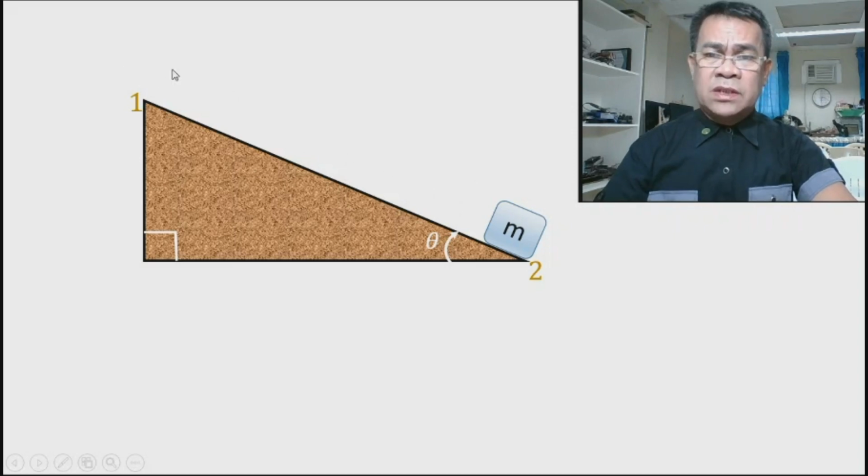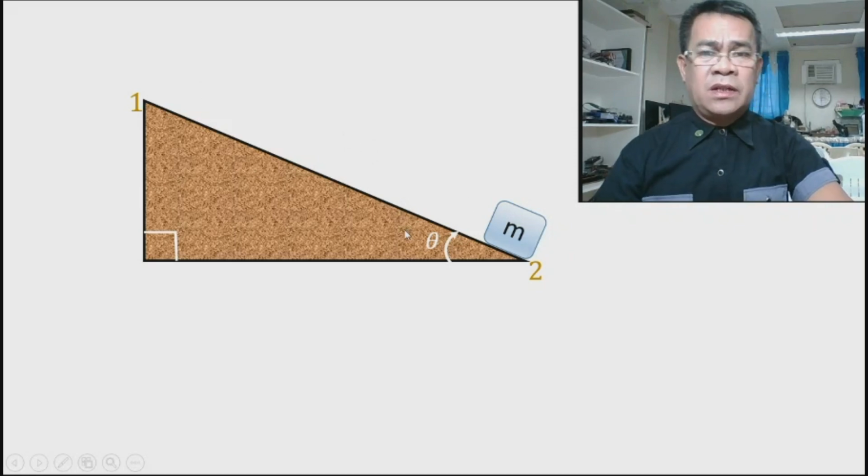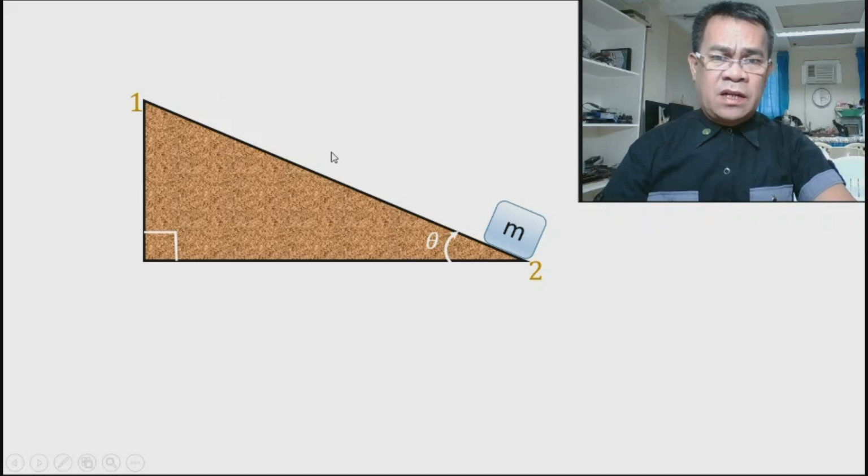traveled with displacement. So therefore, there must be energy on top of it, and while traveling, it consumes energy down the plane. So again, this is a kind of dynamics of motion.